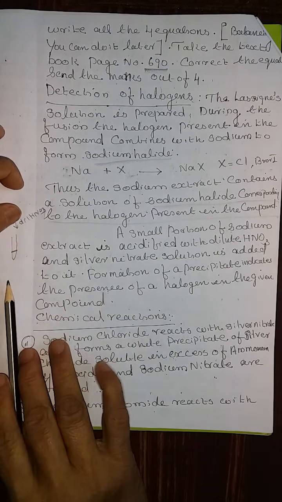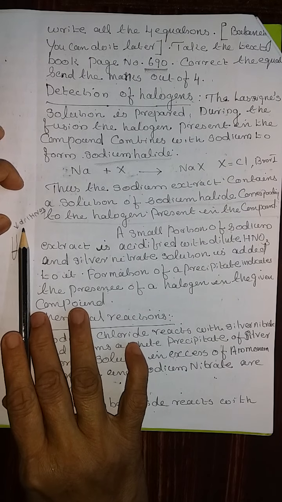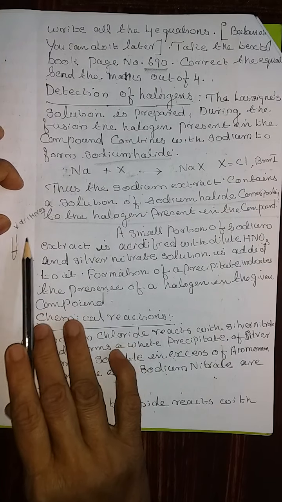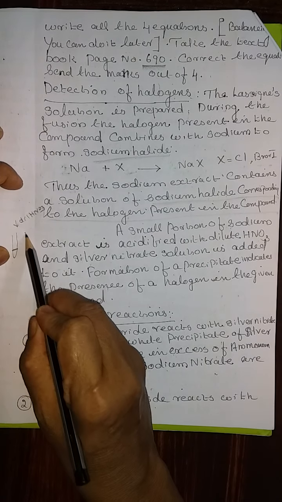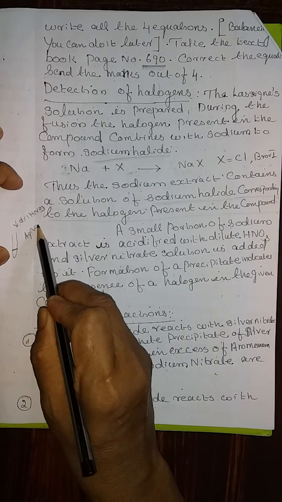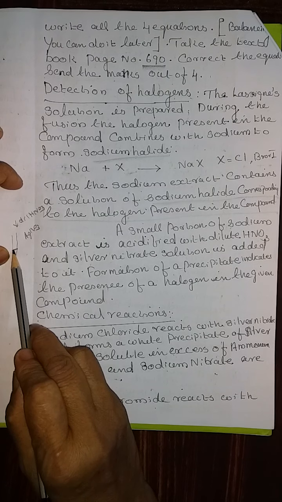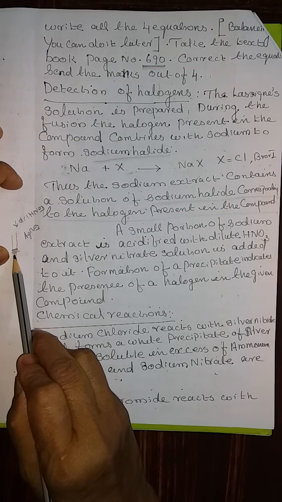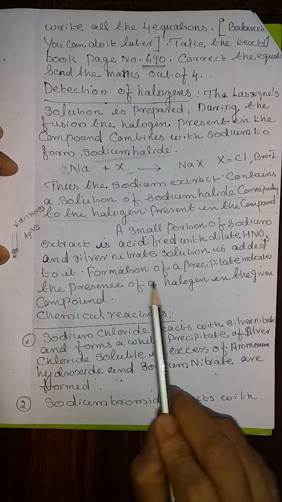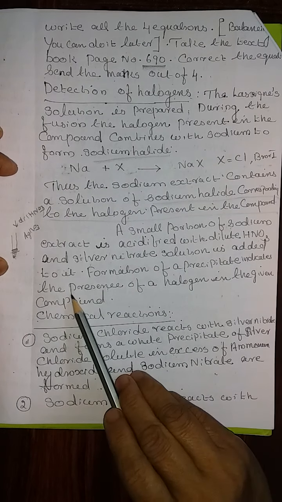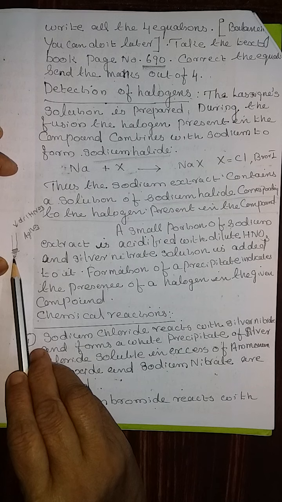Therefore, in order to neutralize it and keep the medium acidic, add dilute nitric acid. Then add silver nitrate solution. Because of the different colors obtained and the solubility, we can determine which halogen is present in this organic compound.